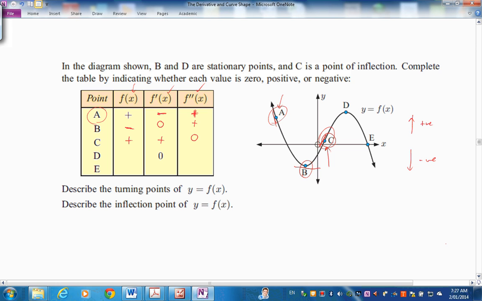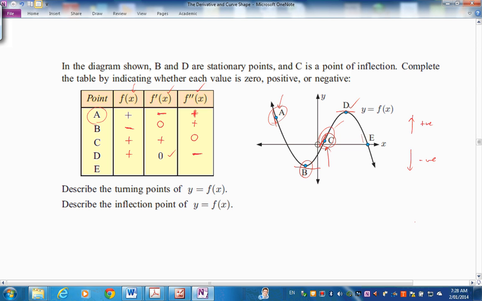It's 0. Part D, it's above the x-axis, so the function is positive. Slope of tangent is 0 there. Second derivative, what is this? This is concave down. So this is negative here.